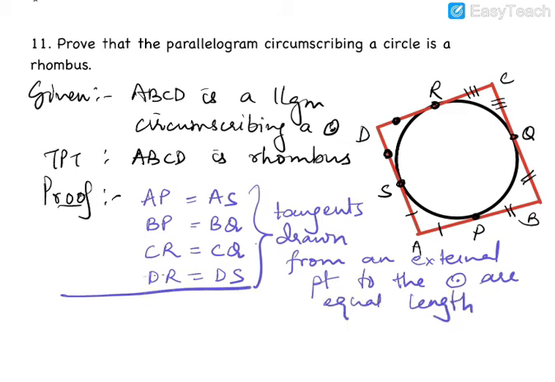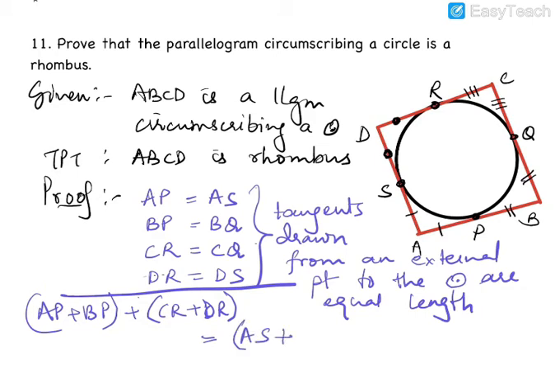So on adding these, we get AP plus BP in brackets plus CR plus DR in brackets on the left hand side, and on the right hand side AS plus DS in brackets plus BQ plus CQ in the bracket.